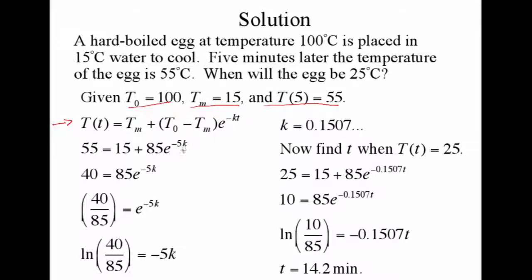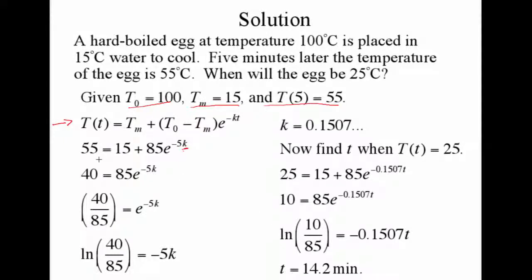So we don't know K, and K is not the time that we're looking for here. So what we have to do in this problem is take a situation that we're given, solve for this K value, and then after we know the K value, turn around and use the same equation to solve for the situation that we're trying to figure out.